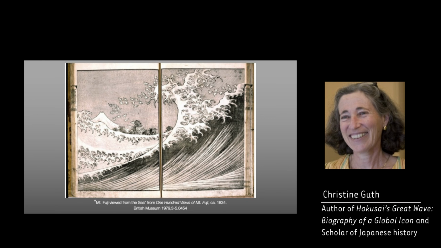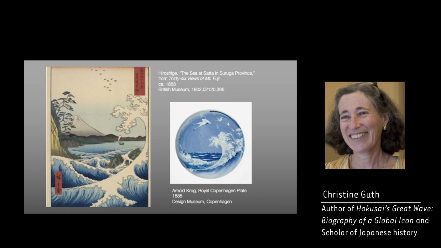In addition to Hokusai, there were many artists of his generation and later who picked up this subject. And the fact that an artist such as Hiroshige picked it up is one indication that this was already a very popular image in the 19th century in Japan.